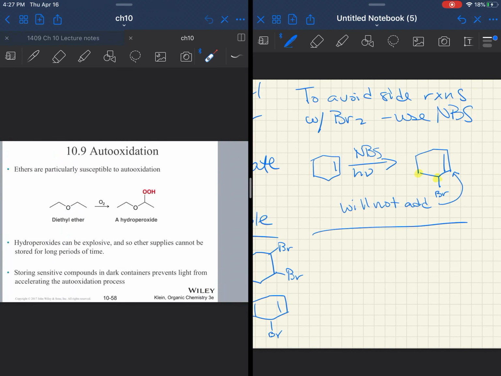It can make something that is not safe. Hydroperoxides, if you've got ethers around, they can auto-oxidize. Anytime you buy diethyl ether, you've got to use it within like 6 months to a year, or you have to get rid of it because it can form these explosive compounds.